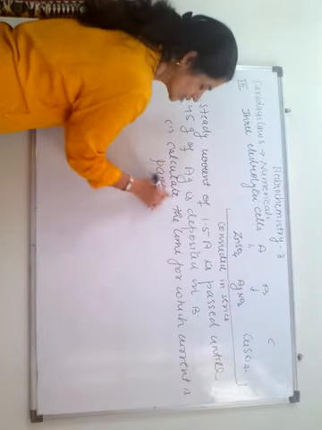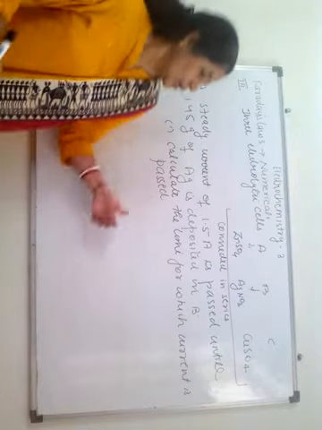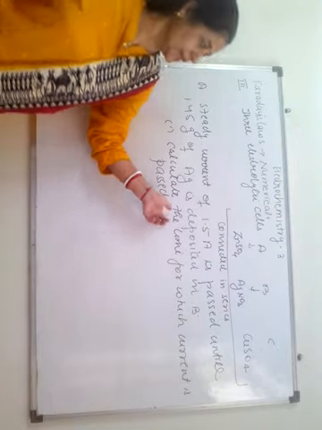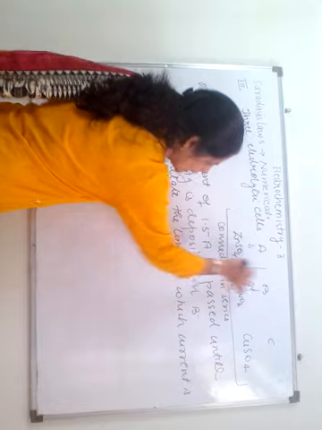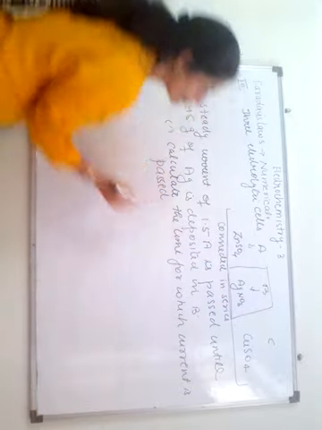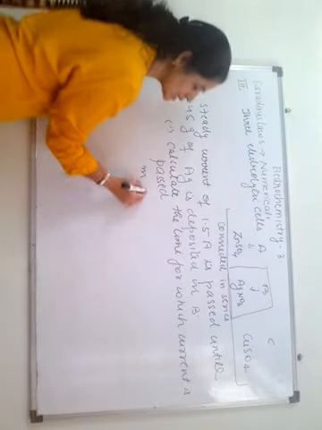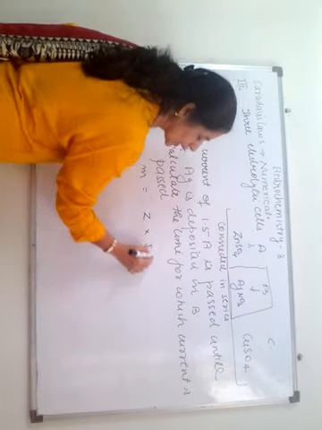Now here we can find the time by considering just this cell. In this cell, apply the formula M is equal to Z into I into T.